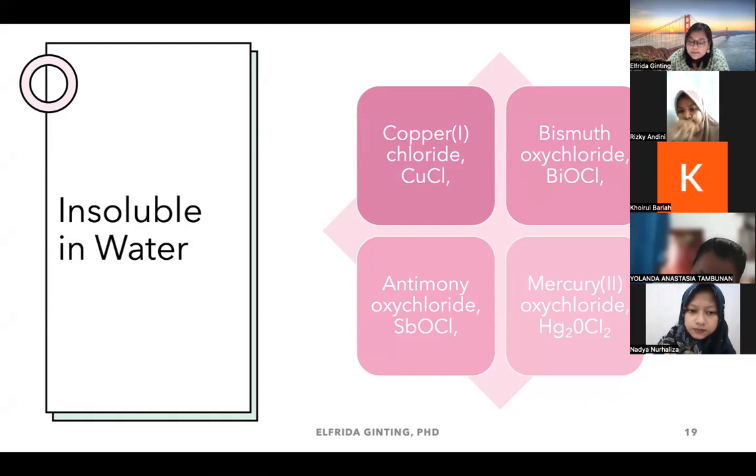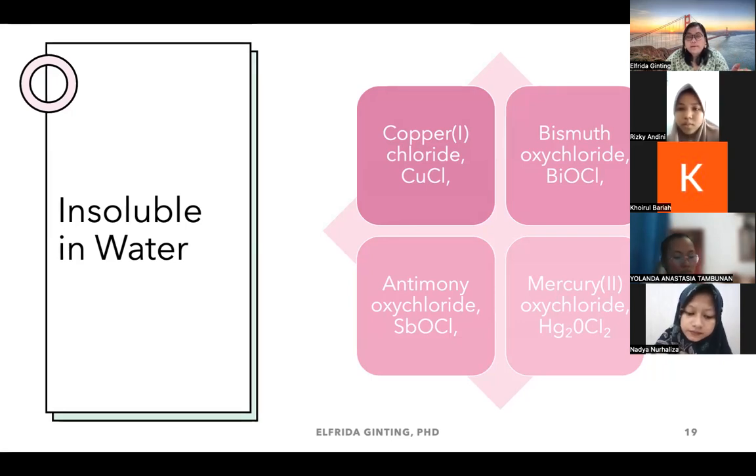But when you mix it with silver, mercury, and lead, most of them are soluble, except for lead. The lead you need to warm up until boiling point, then it will be soluble. So that's the first method of identifying chloride.